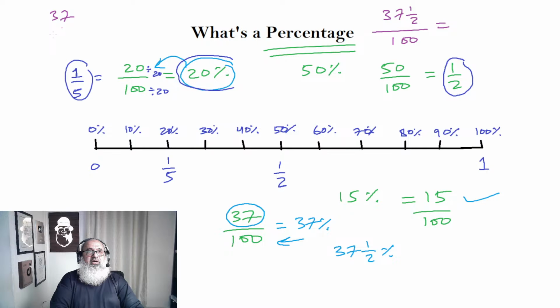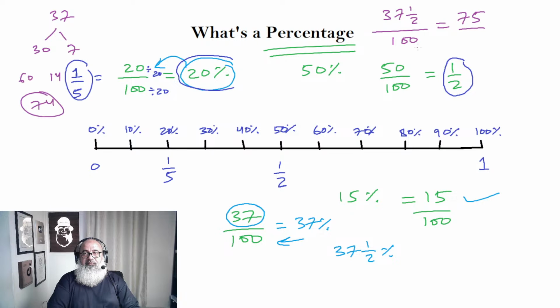So if we double 37.5, it's 75, and if we double 100, it's 200. So 75/200 is the same as 37.5/100, and now we can cancel with 25. 25 times 3 is 75, and because there are 4 25s in 100, in 200 there will be 8 25s.